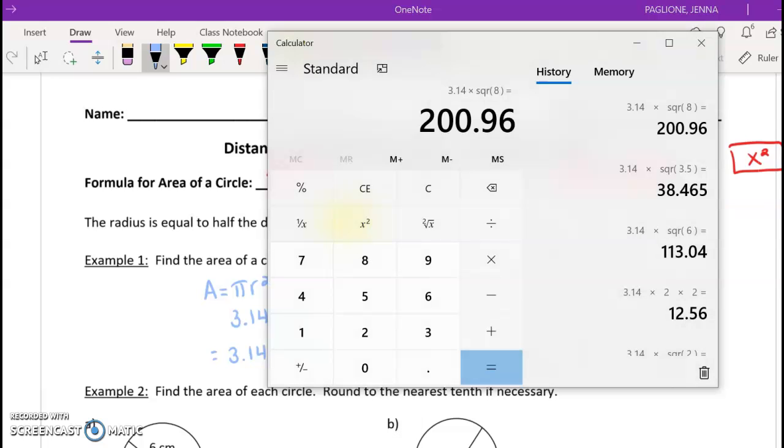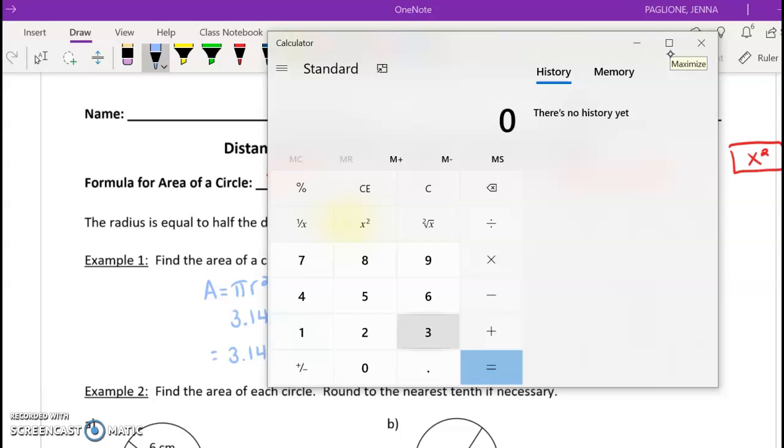So if I go to the computer calculator here, I'm going to clear out everything that I've done previous. Okay, so 3.14 times 2, this x squared right there, that is your squared button, so squared.